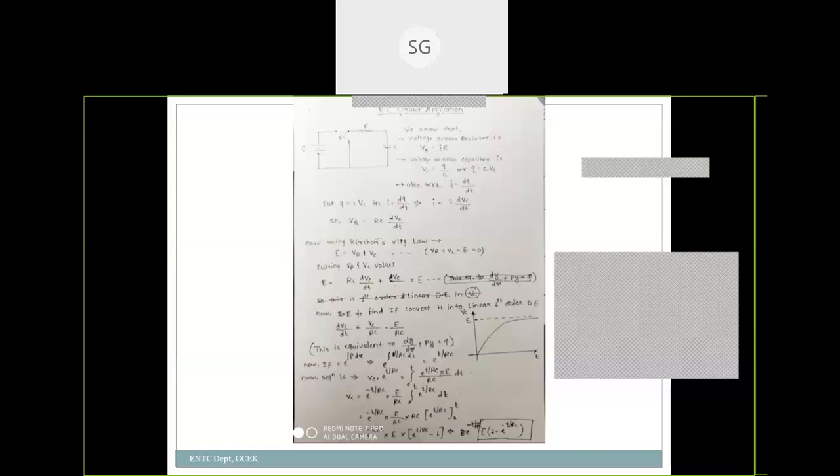By rearranging we'll get E into 1 minus e raised to minus t by RC. Have you understood this derivation? Please confirm. One question is over. Very simple steps are there. Have you understood?